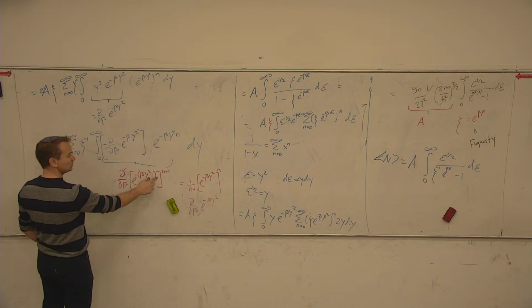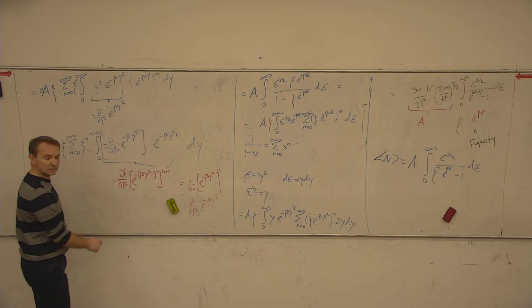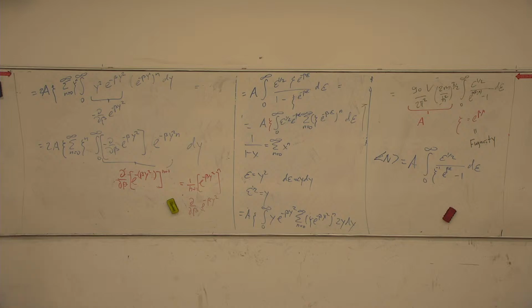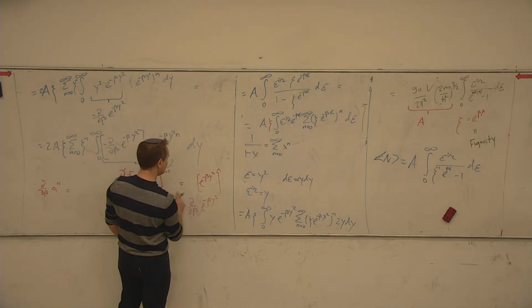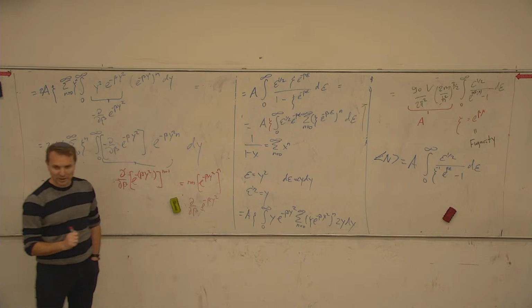It is 1 over n plus 1, since the derivative of the power n plus 1 brings down a factor n plus 1 in the numerator. So it's going to be multiplying this by n plus 1, so we divide by n plus 1. Fine.